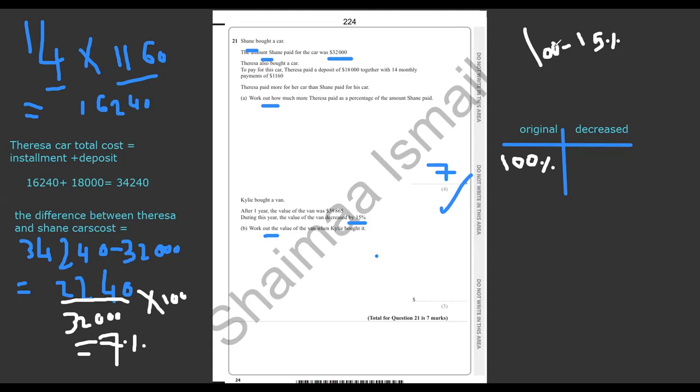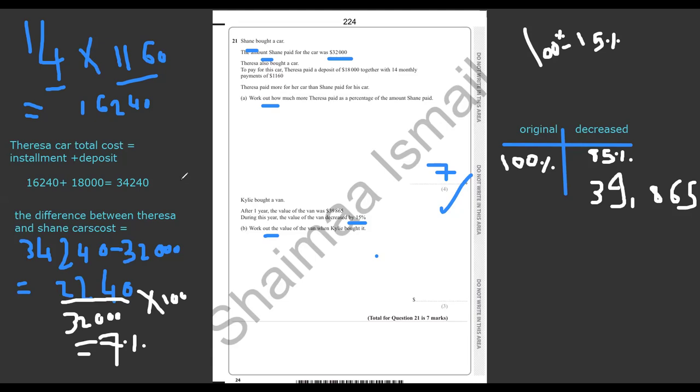And it is a decreased percent, 100% minus 15% is equal to 85%. And which number do we know? We know the decreased price, so write the price of the decreased here on the table, the organized table. Let's make the question clear. 39,865. We just do a simple schedule like this, just to make it easy for a cross multiplication to get the original price.